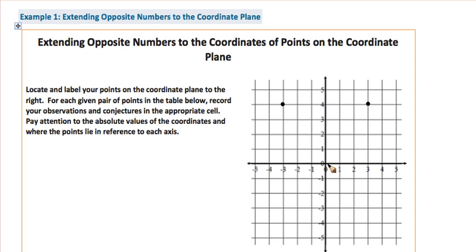You should notice, for example, that these 2 points, and let's write them so we know what we're looking at, 3, -4, and 3, 4, have the same absolute values, and the only thing that changes is the y-coordinate.